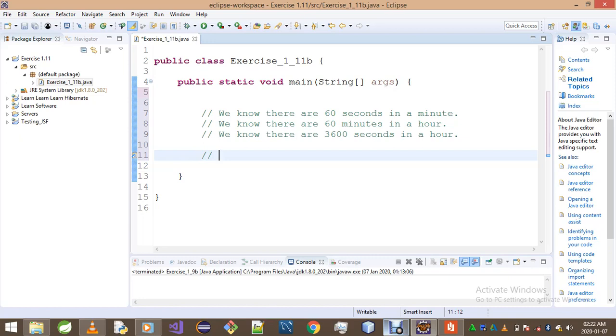We know that 1 hour is equal to 3,600 seconds. Okay, so 24 hours: we want to know how many seconds there are in 24 hours. So in place of that number of seconds, let's put a question mark.